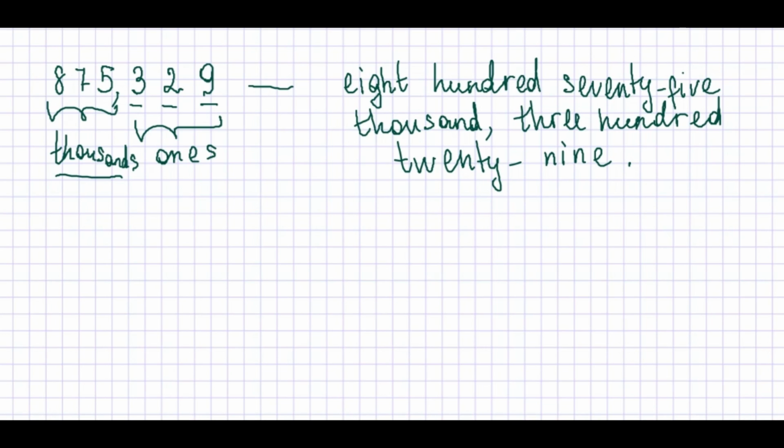We don't use S after 1,000, after 100, and so on. It's 875,000. It is one period. 875,329. When we say 1,000, it means after 1,000 comes another 3 digits, 329.